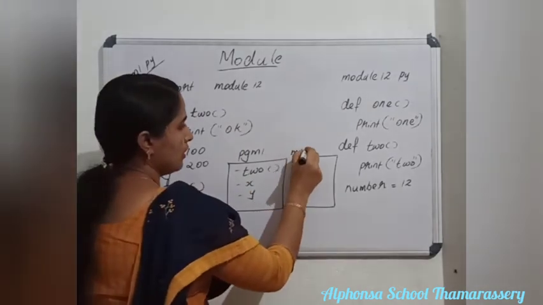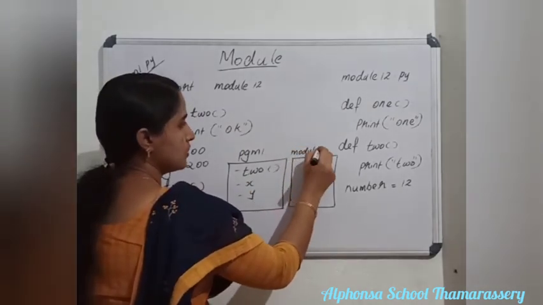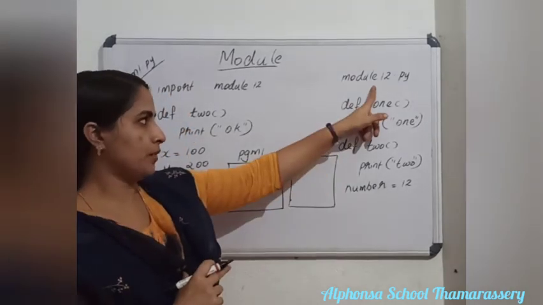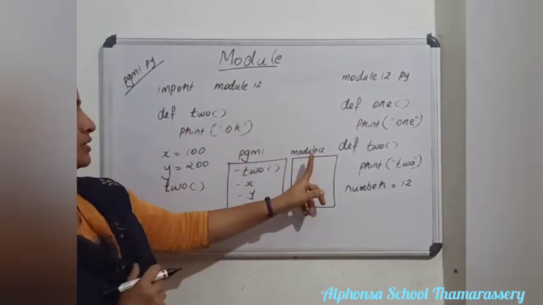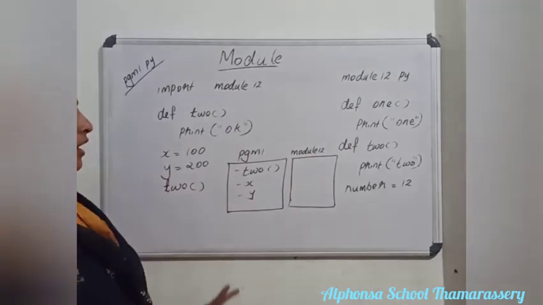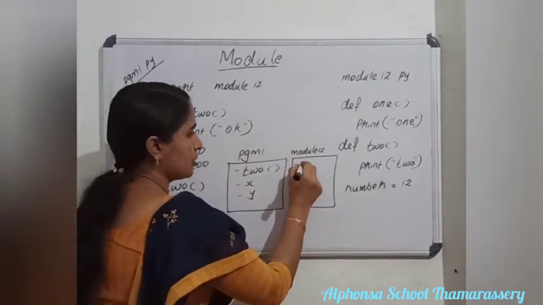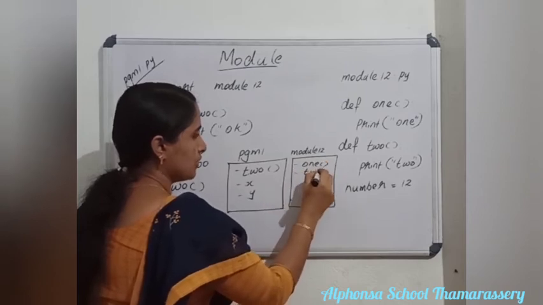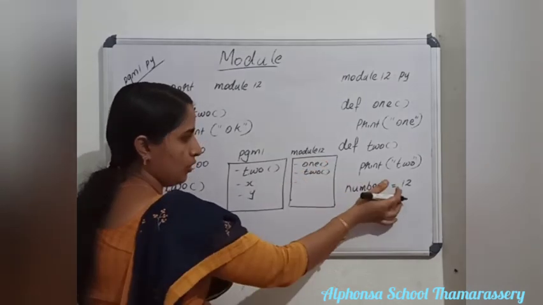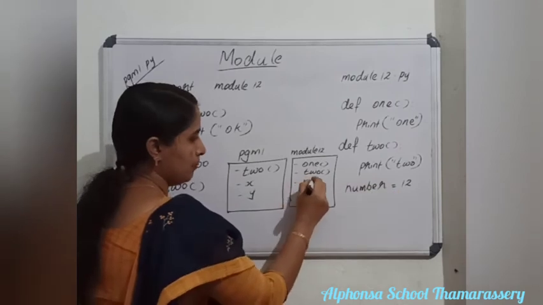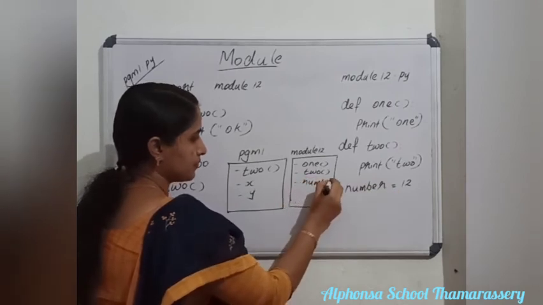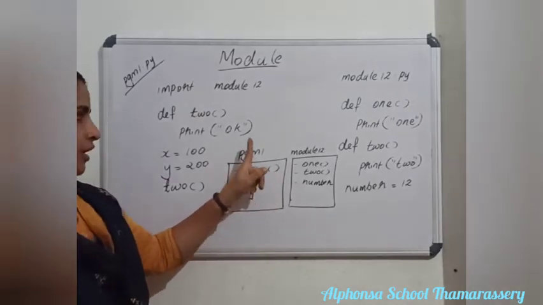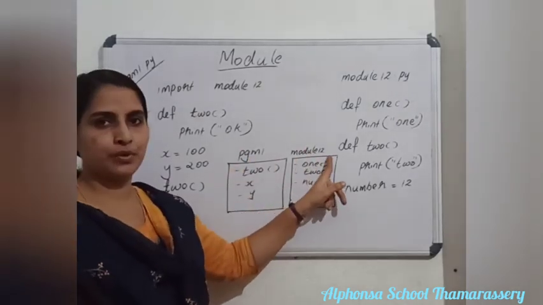Its name will be similar to the program name of the imported module, module12. The elements are one function with the name one and one more function with the name two, then a variable, number. See, two namespaces: pgm1 and module12.